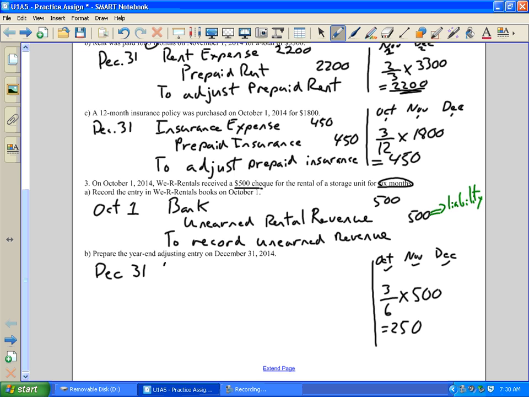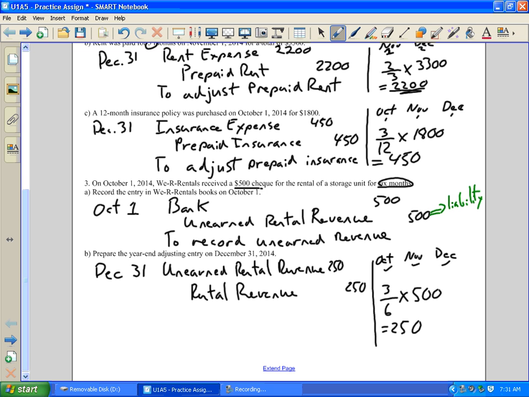So we have to reduce unearned rental revenue by 250, and we have to increase rental revenue by 250.